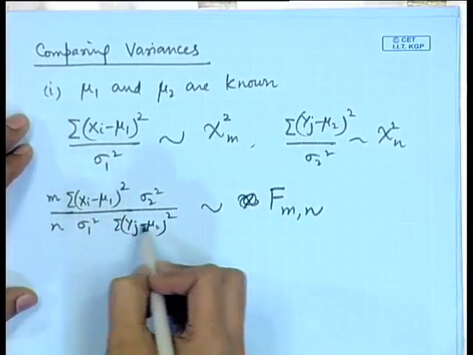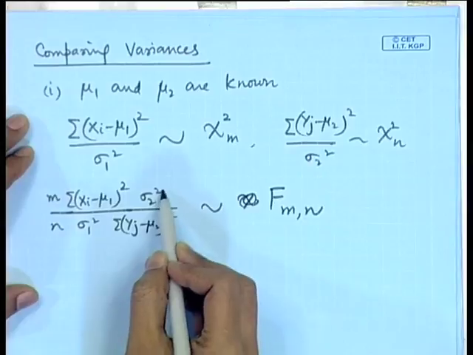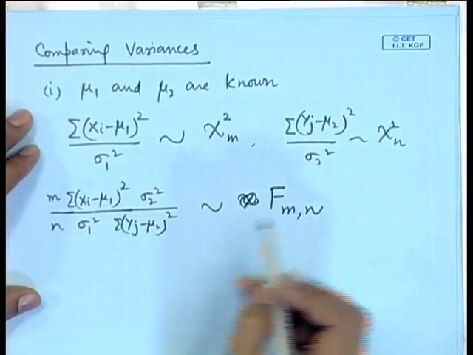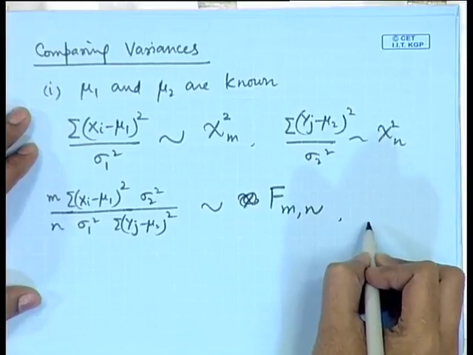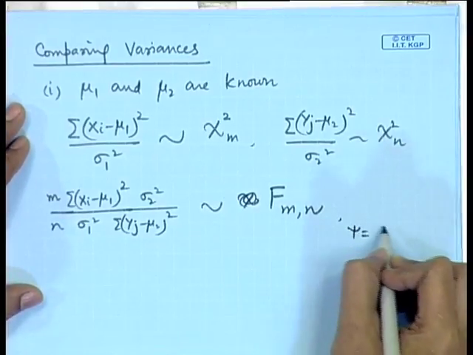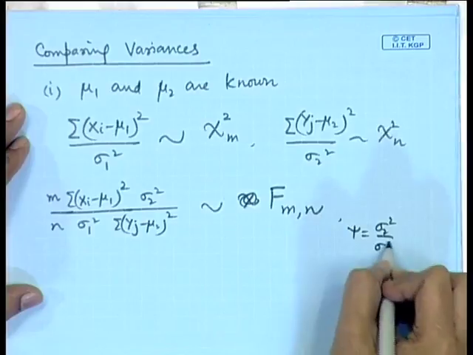If mu 1 and mu 2 are known, then the ratio sigma 2 square by sigma 1 square is coming. Let us denote it by say psi, that is sigma 2 square by sigma 1 square.